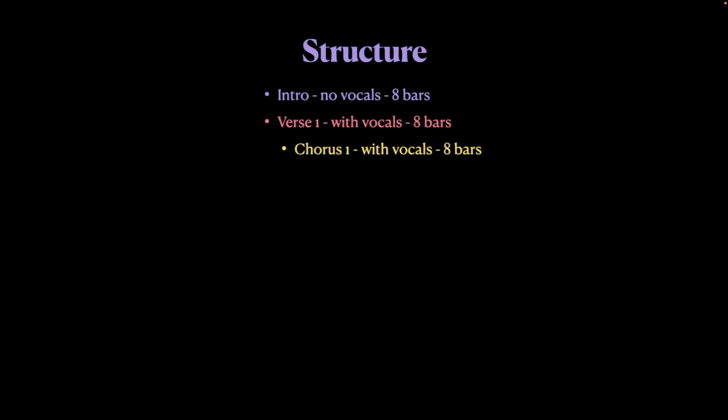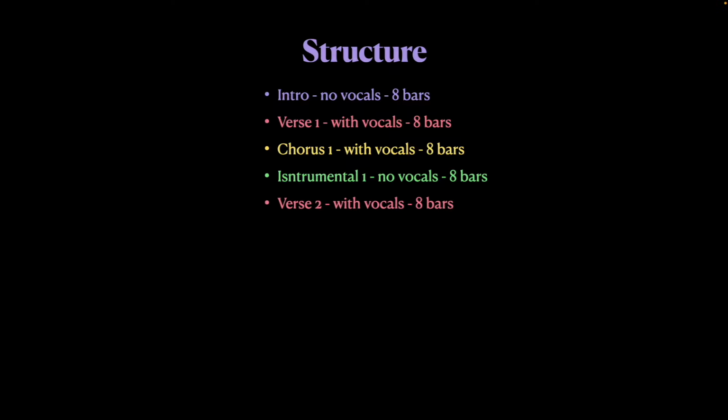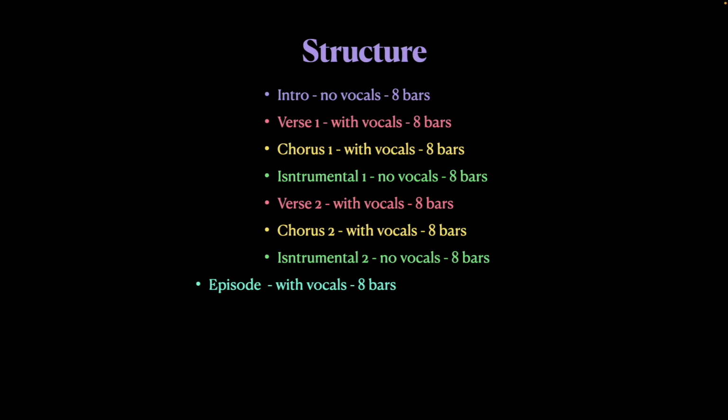The parts of this structure are: intro, where there are usually no vocals; verse 1, with vocals of course; chorus 1, with vocals; instrumental 1, no vocals, only instruments; then verse 2, the same melody as verse 1; chorus 2, the same melody as chorus 1; instrumental 2, again with no vocals, only instruments; then a bridge with vocals that are different from the verse and chorus; and then chorus 3, the same vocals as the other choruses.